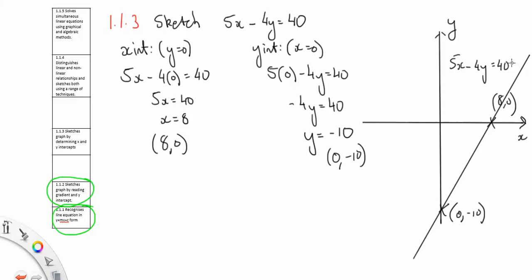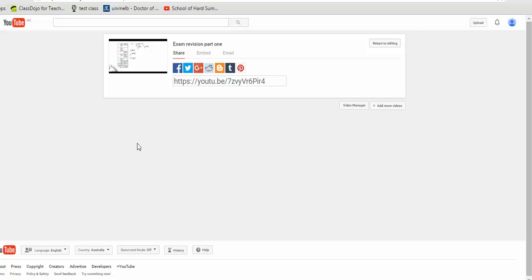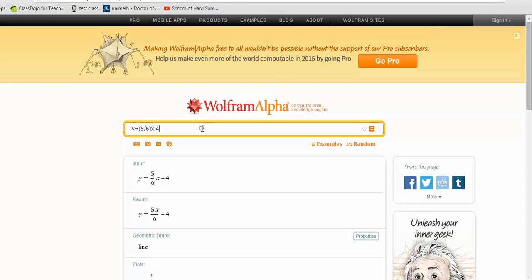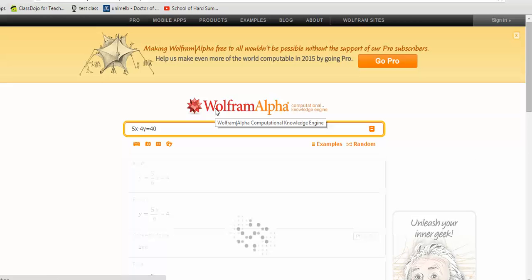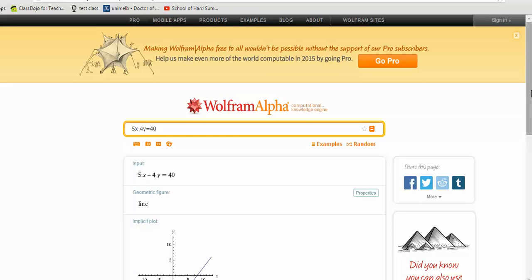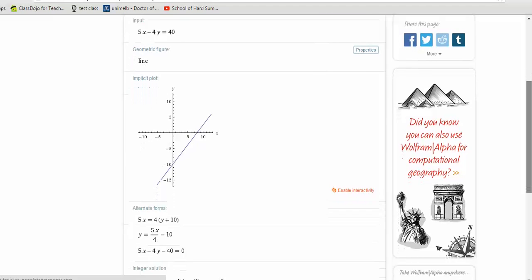I don't know if I'm right, so I'm going to check on Wolfram Alpha. 5x minus 4y equals 40. What does Wolfram Alpha have to say? Let's see. Well, let's sketch the graph. It's a line. Yes, it is a line.